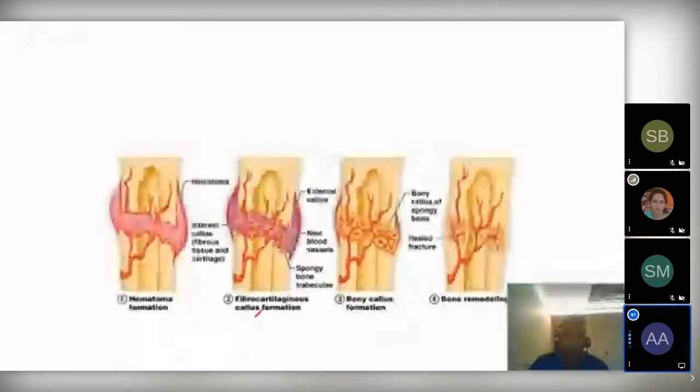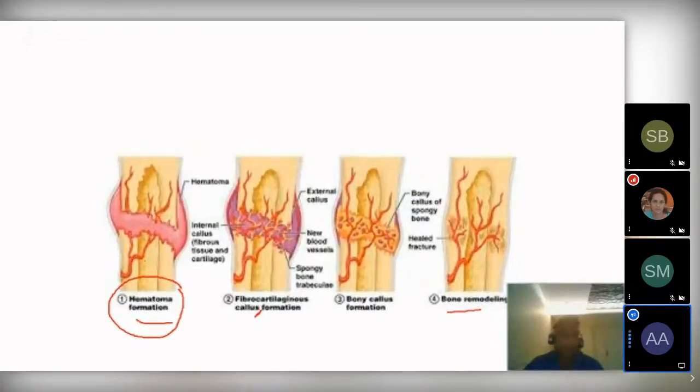Okay, this is one slide just to show the stages of healing: hematoma formation, cartilage, bony callus, and bone modeling. Please remember one more important thing about this slide: hematoma formation at the fracture site is a very important precursor for fracture healing.